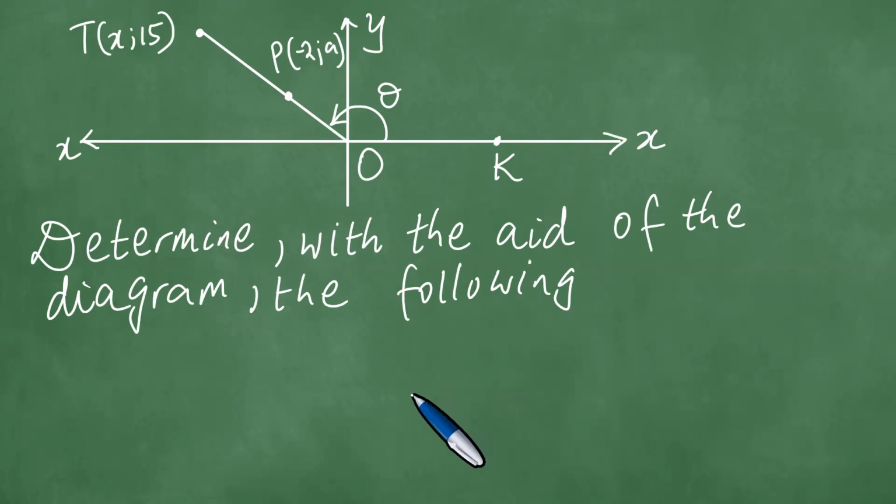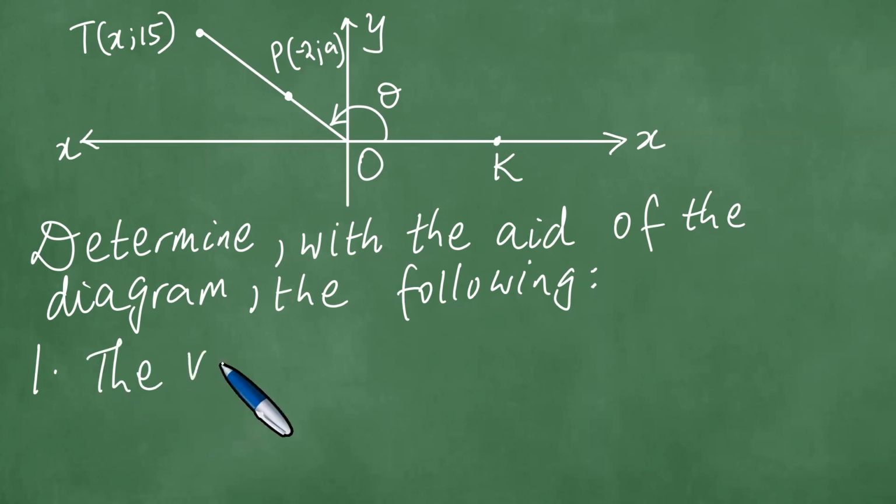So we have 5 points. Let's call it number one: the value of x. How do we find the value of x?